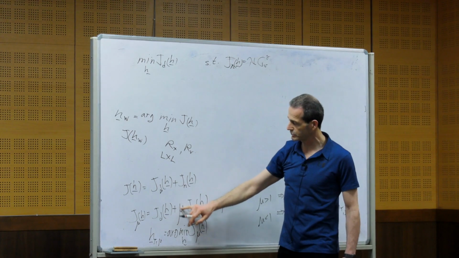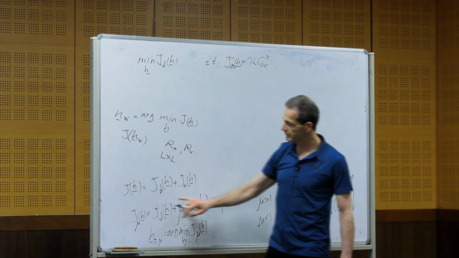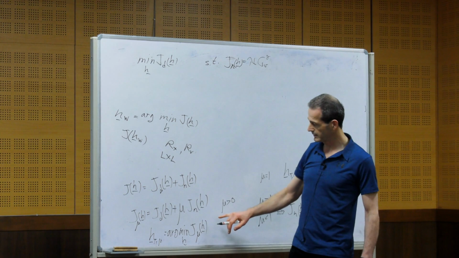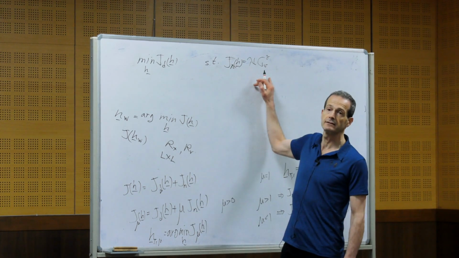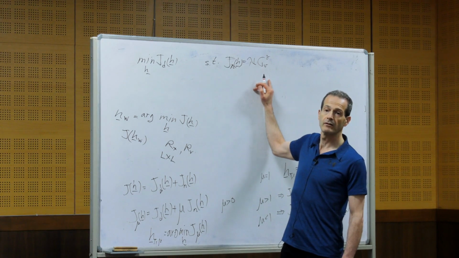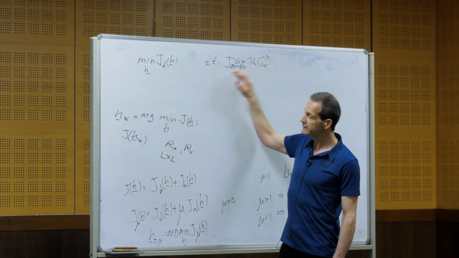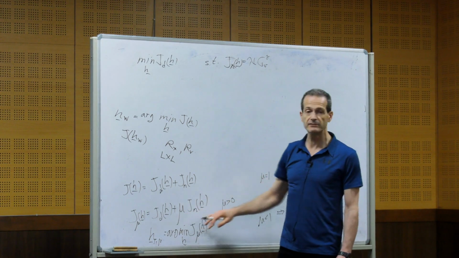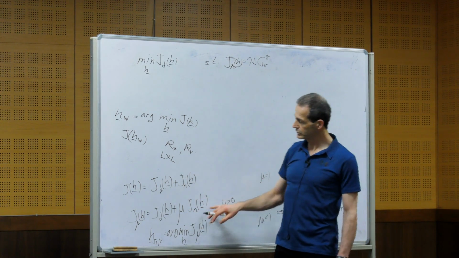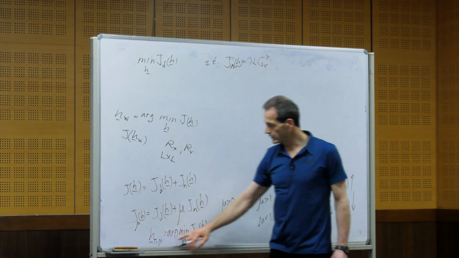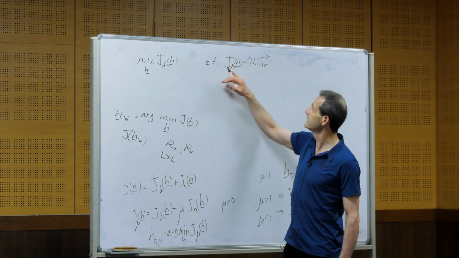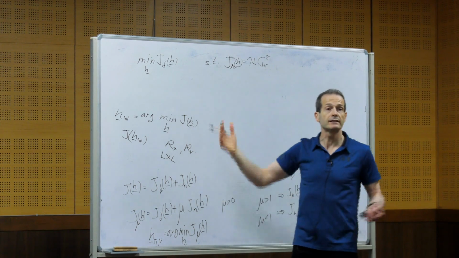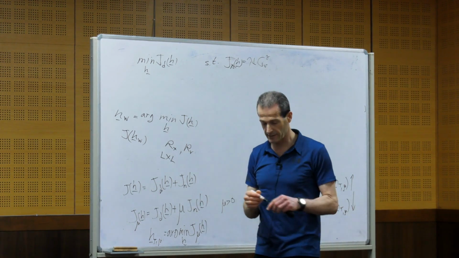I can use a Lagrange multiplier mu, and it will be equivalent to this problem. But here I can change mu such that the constraint is satisfied. If I don't care about this constraint, I can choose any value of mu. If I want this to be equivalent to this problem, I need to change mu until the constraint is satisfied. This is the only difference.